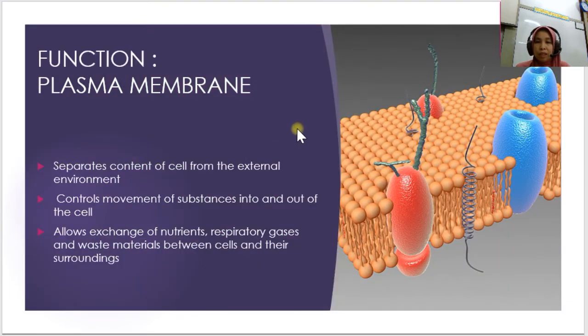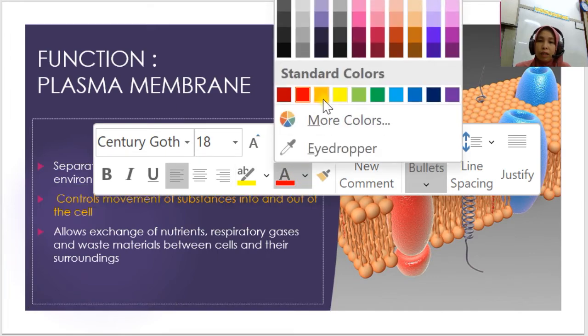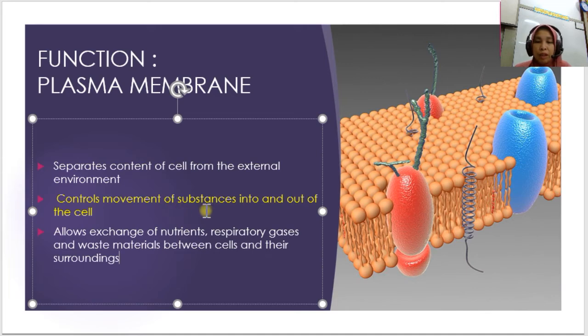So what is the function of the plasma membrane? It separates the content of the cell from the external environment. This is the main function. It controls the movement of substances into and out of the cell.